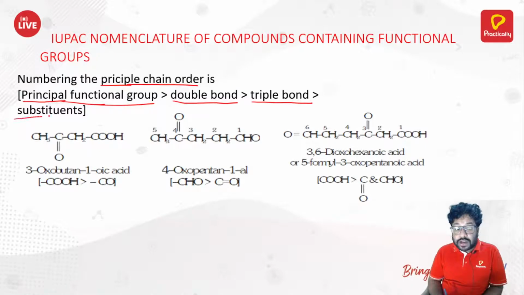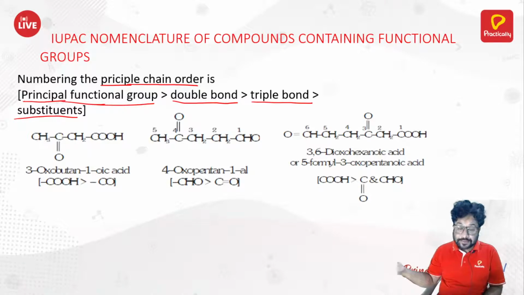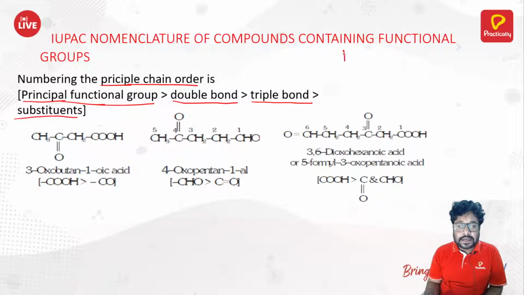And lastly, substituents. The first priority is for the principal functional group, then double bond, triple bond, and lastly substituent. So basically it's PDTS. Remember this order: PDTS. Principal functional group, double bond, then you have a triple bond, then you got what?